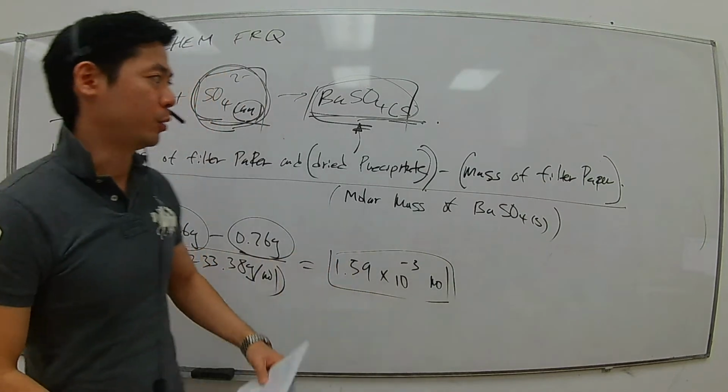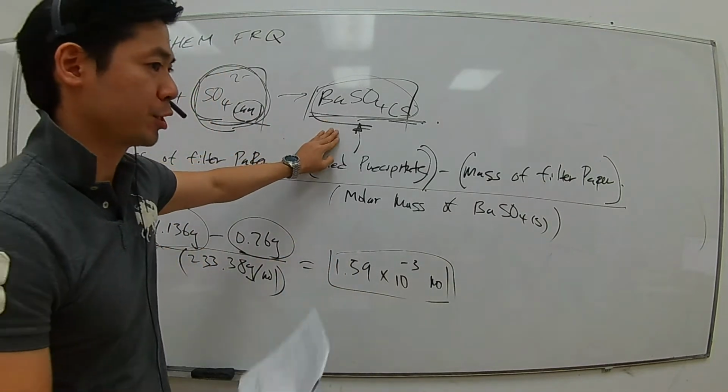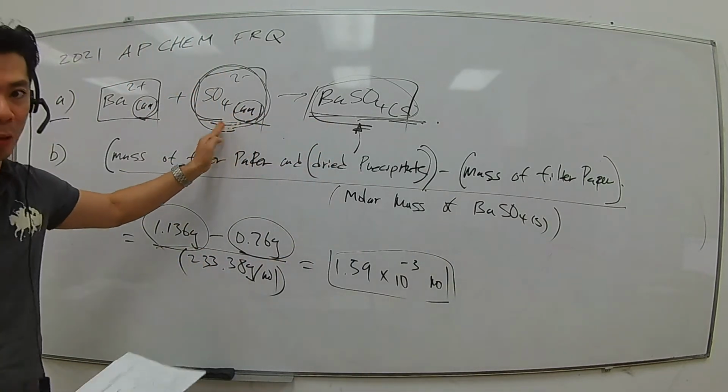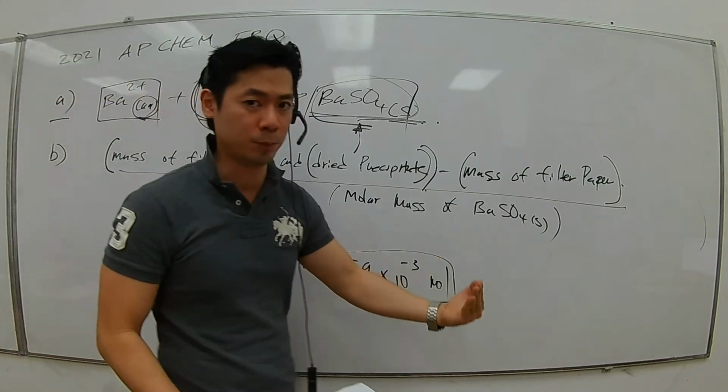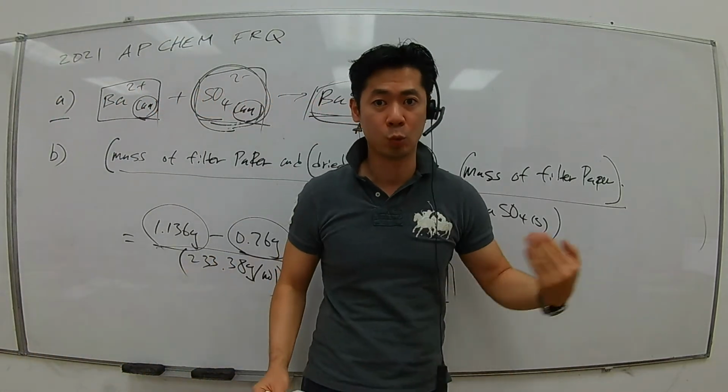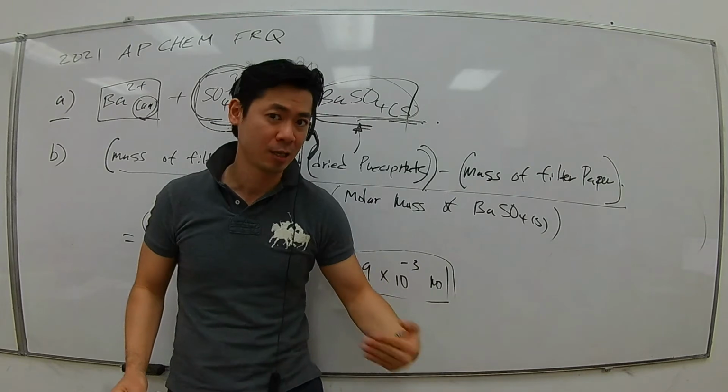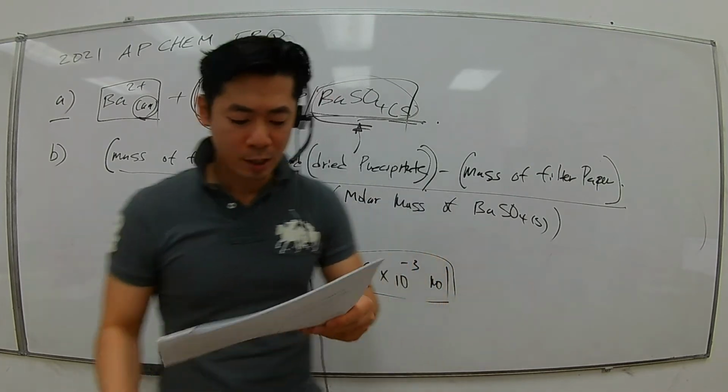So if 1 mole of barium sulfate precipitated, then they had 1 mole of sulfate in the solution, which means there is 1 mole of copper 2 plus as well.